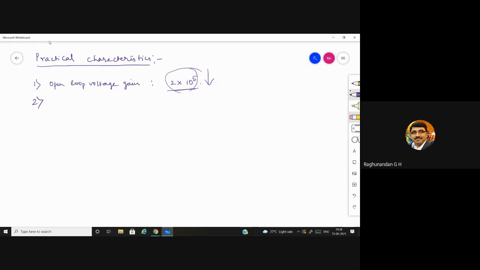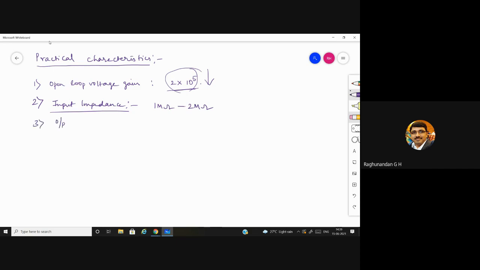Now coming to the next, input impedance. Ideally we told it is infinity, but practically speaking, it will be in terms of mega ohm. So typically it will be greater than 1 mega ohm up to 2 mega ohm, and this can be further increased by adding some external resistance.